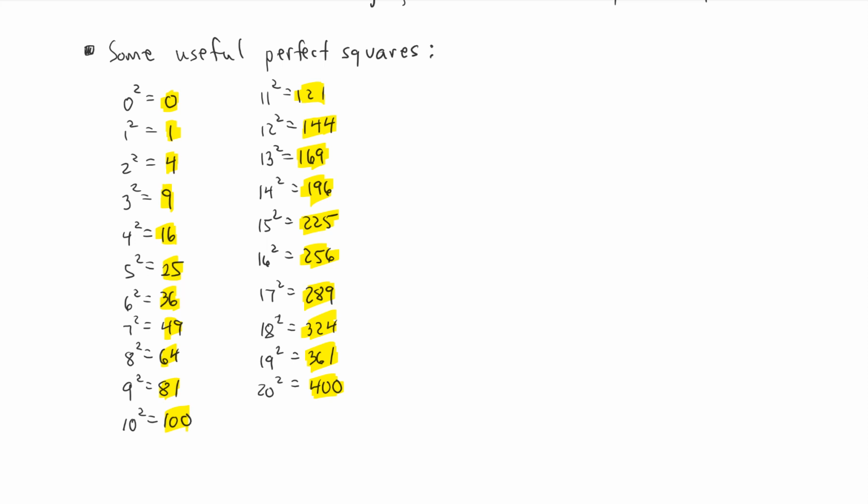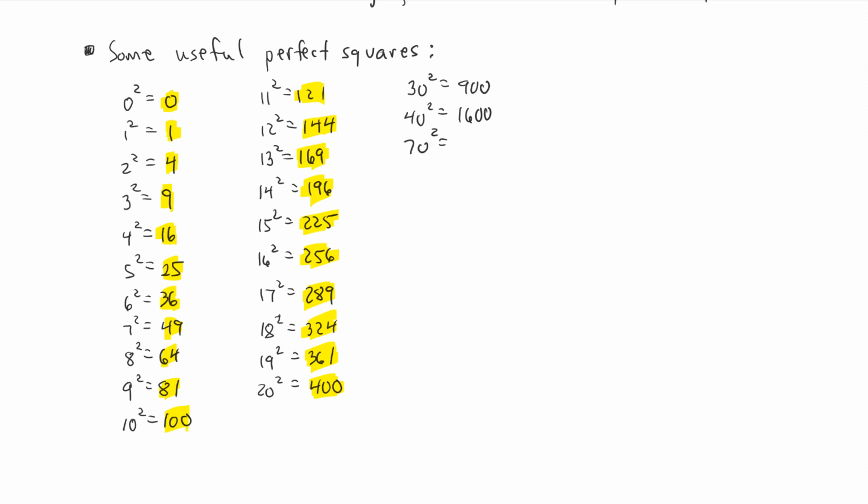And then from here, we're not really going to make a list, just keep in mind that we can extend this idea. So for example, we know that 3 squared is 9. So if I do 30 squared, it's 900. Or 4 squared is 16. So if I do 40 squared, that'd be 1600. There are some other perfect squares that we should recognize really quickly, but we're not going to make a list. They're basically extensions of these earlier ones that we already know.